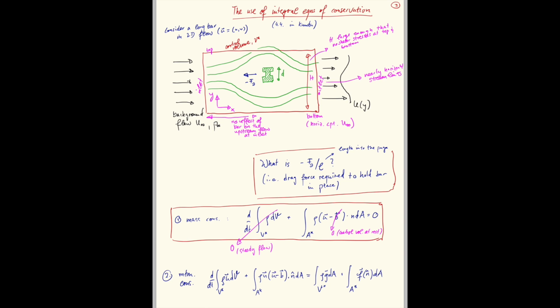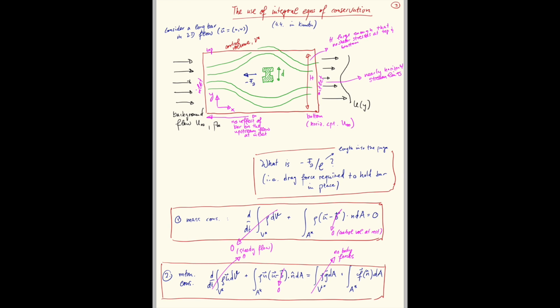This is our momentum conservation over the control volume. Here again we can simplify this. Terms drop out, same with the b again. And we don't consider any body forces here, so we're just looking at the drag forces due to the bar itself.